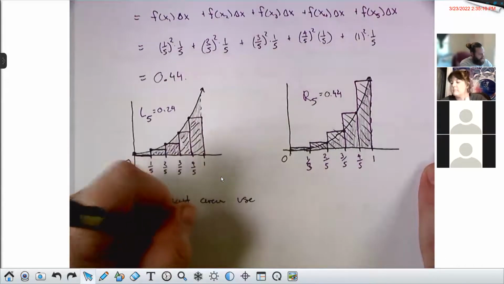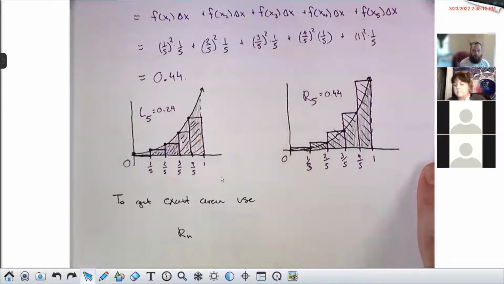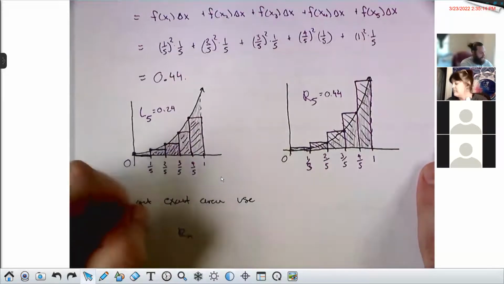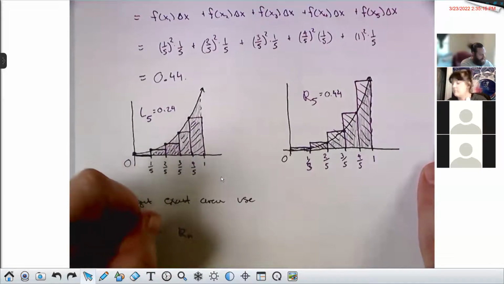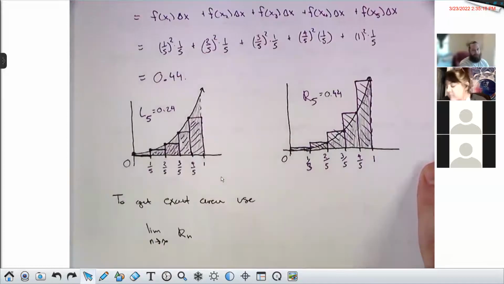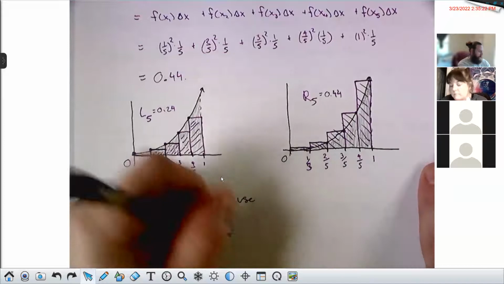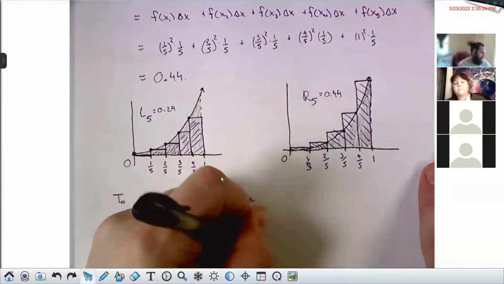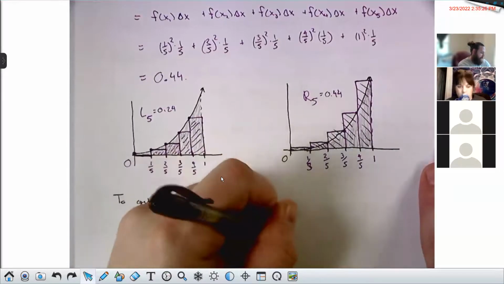You can take your Rn and find a nice formula for it, and then send n to infinity. Or you could do this with Ln or any of the other guys.